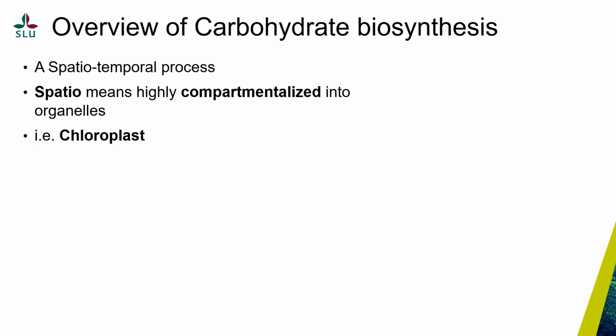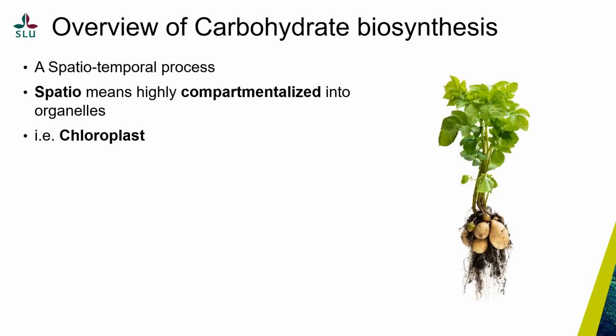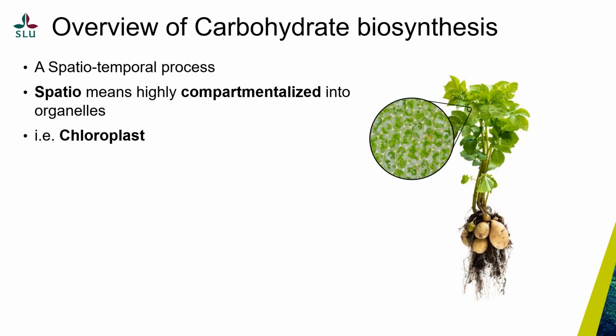For example, chloroplast, if we have a look at the potato plant, you can see that the chloroplasts are mostly in the leaves. If we zoom in, and look at the structure of the leaf cells, all these green dots are chloroplasts, and they are specialized in synthesizing carbohydrates and starch.